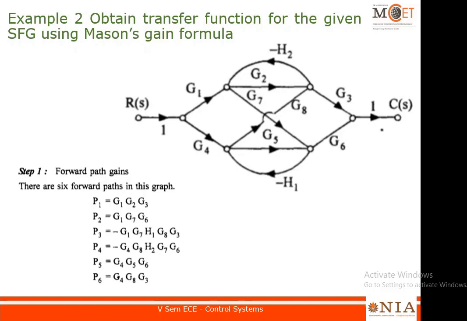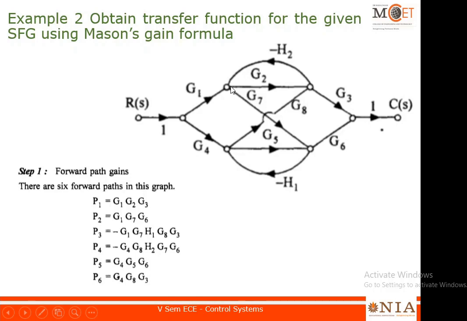So now how many loops are there? Can you guess? This is one loop. Okay, and this is another single loop, and you can see that there is another loop like 8. So I'll start like this, from this point. G7 minus H1, G8 minus H2.